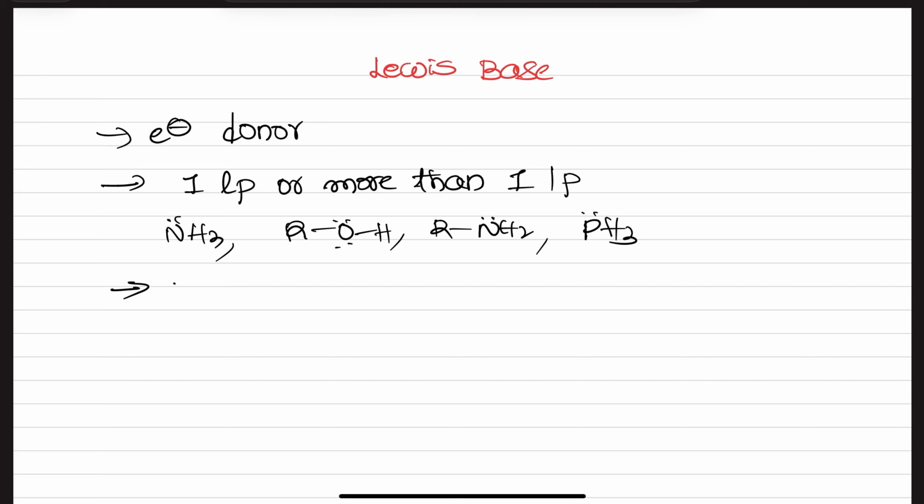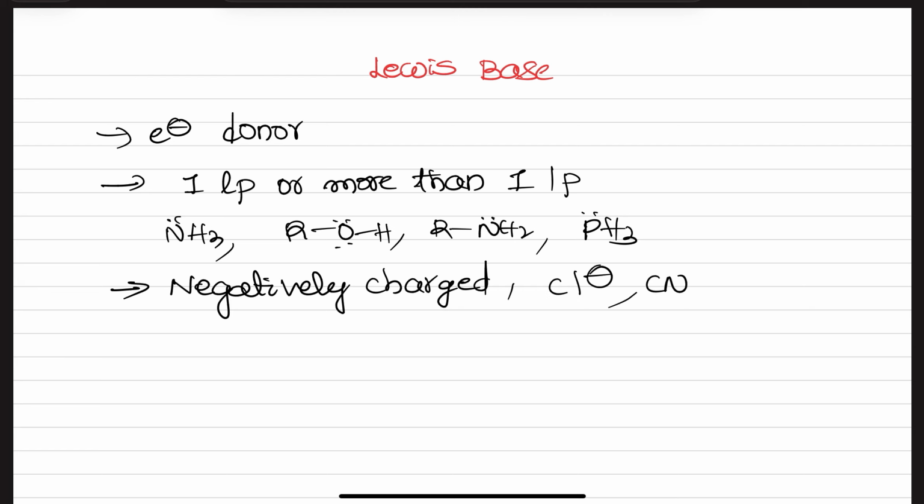And the species that are negatively charged, in the sense anions, you can call them Lewis bases also: Cl minus, CN minus, OH minus, X minus, like this.